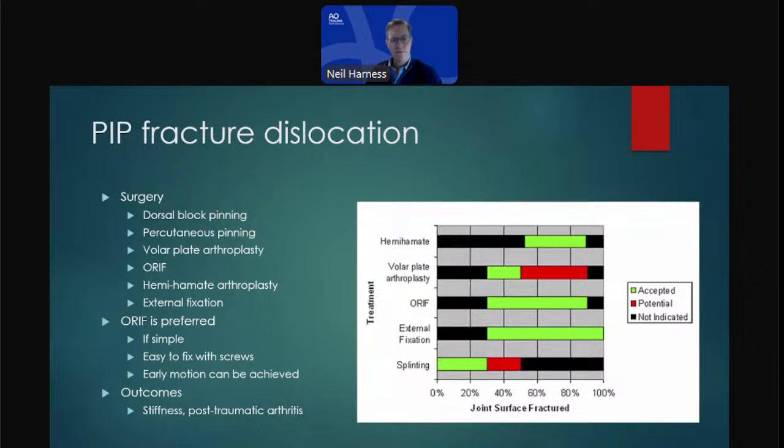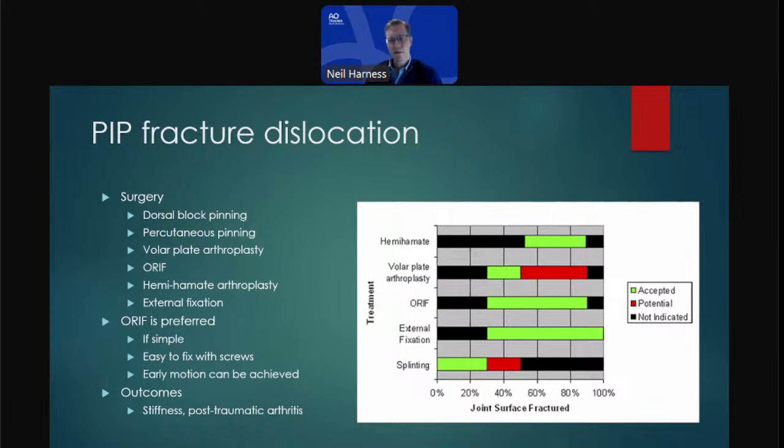I think we've seen this graph in the past also. The take-home message here is that there are a number of different treatment options, but if you look at the research out there, none of them have really been shown to be better than another. I would just state that volar plate arthroplasty really has a pretty narrow window of use between 30 and 50%.